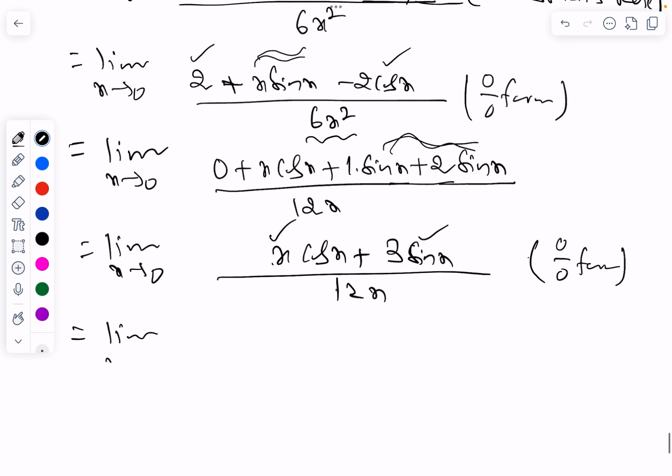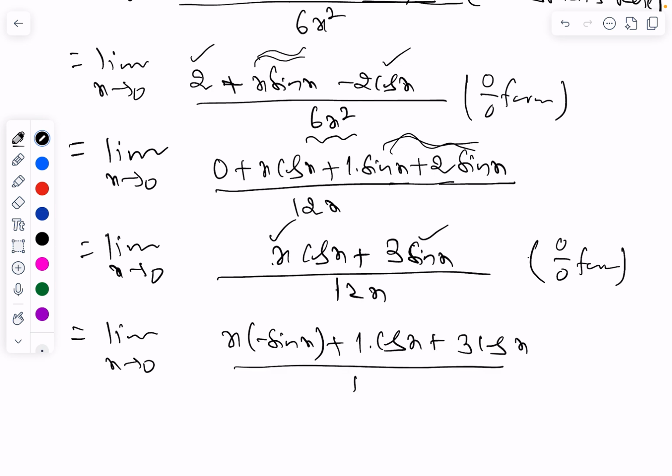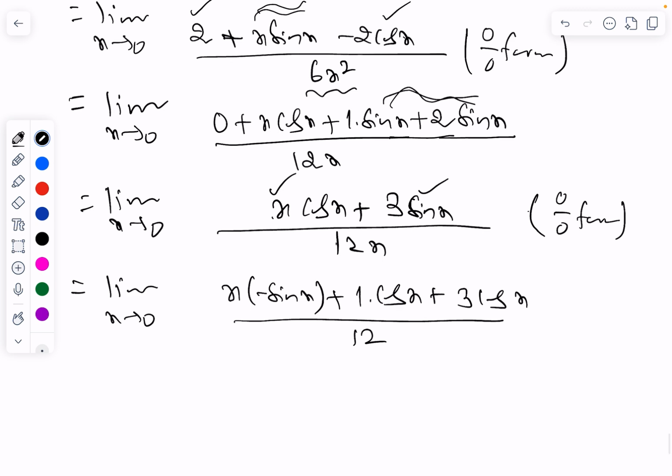Again take derivatives: derivative of x cosine x is minus x sine x plus cosine x, plus 3 cosine x over 12. Now when x tends to 0, this is 0, cosine 0 is 1, 3 cosine 0 is 3, so this is 3 plus 1, so 4 by 12. And so that is 1 by 3.